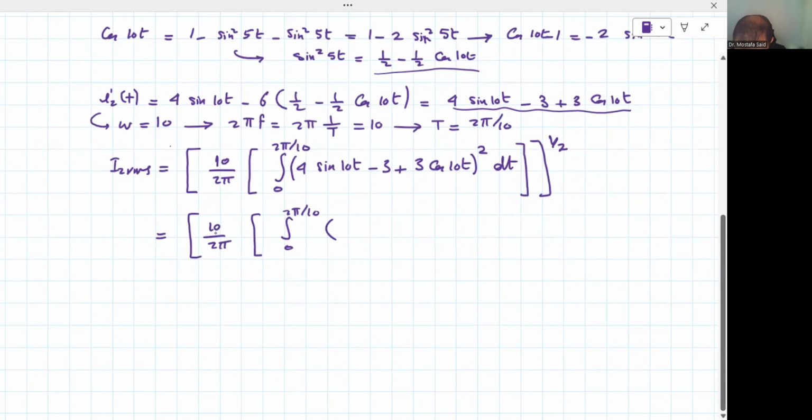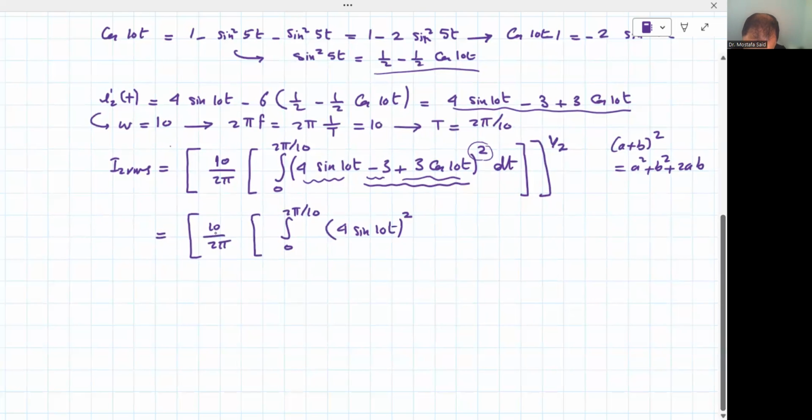We have here 3 terms. I'm going to consider these two as one term, and I'm going to make the squaring. Let's remind ourselves, (a plus b) square is equal to a square plus b square plus 2ab. So first term squared: 4 sine 10t squared.